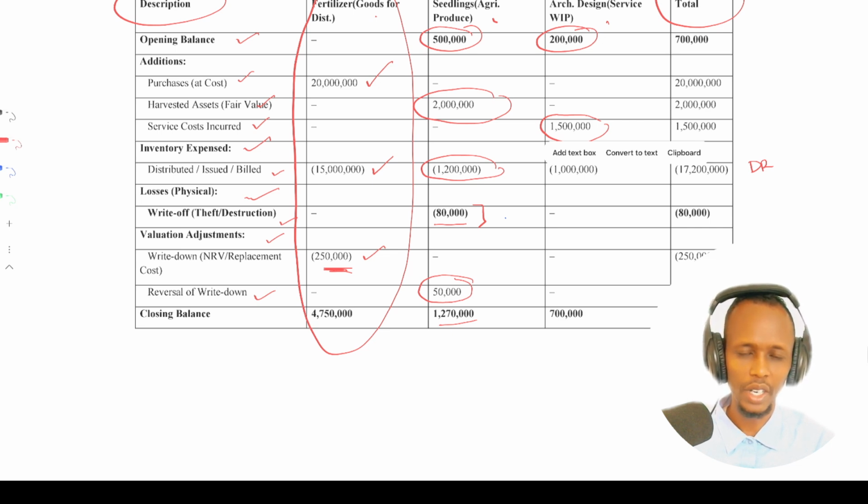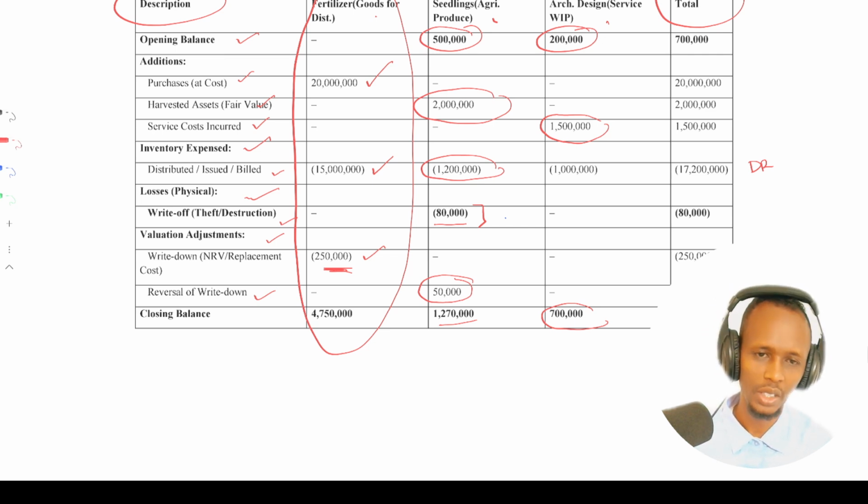If you received the money, then you debit your cash and bank, or if you have not received money, then you debit your receivables. And this is not normally common in the public sector, but in a few entities.